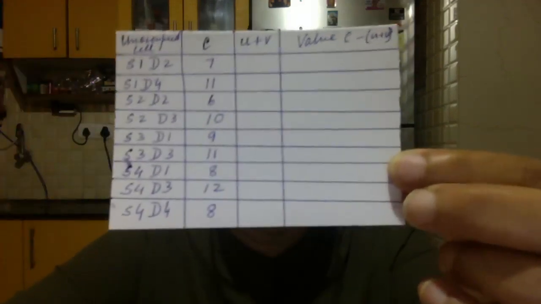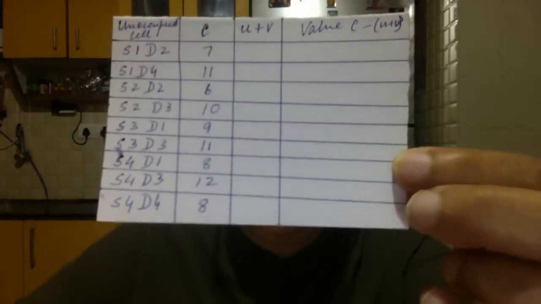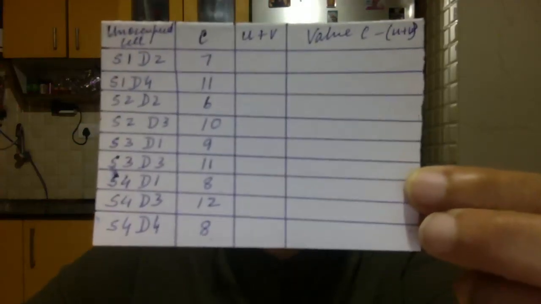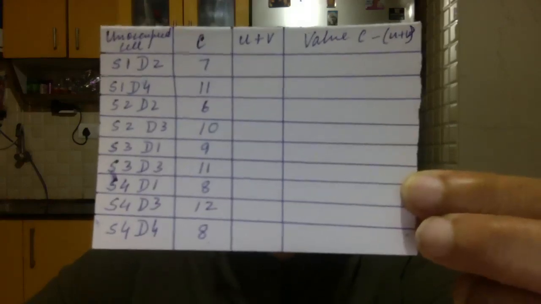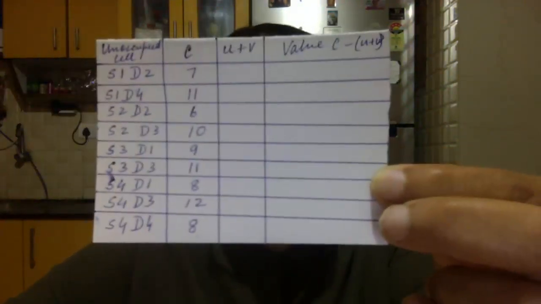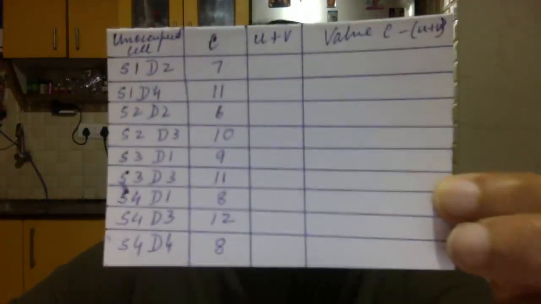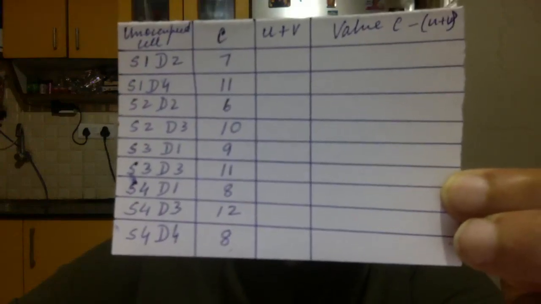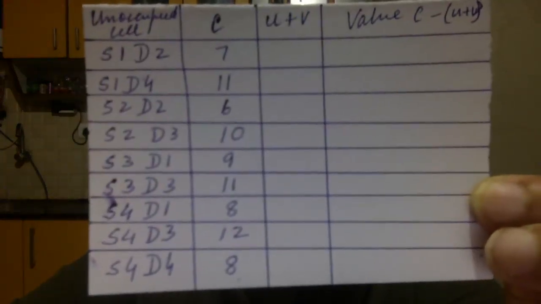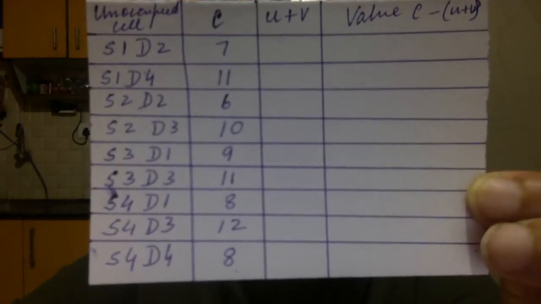I will read again. Check your matrix, just check whether we have done correctly. The first one is S1 D2, 7. Next is S1 D4, 11.